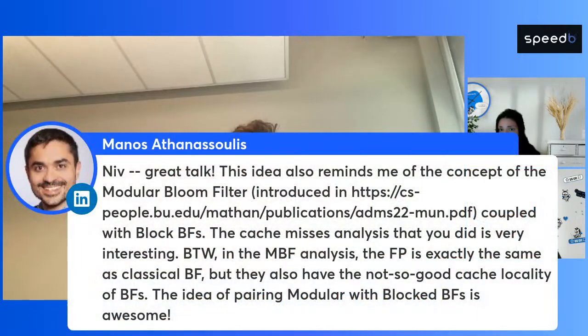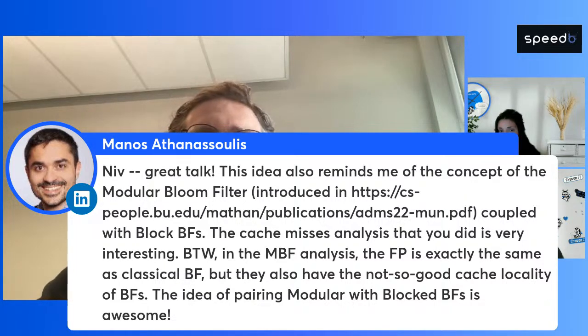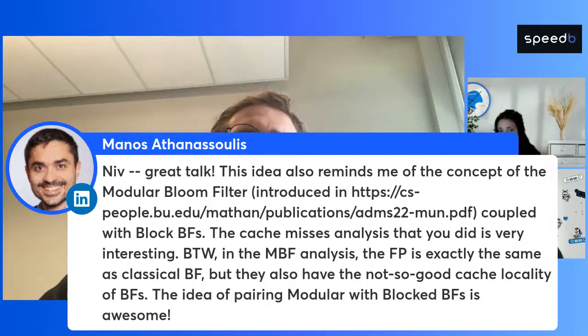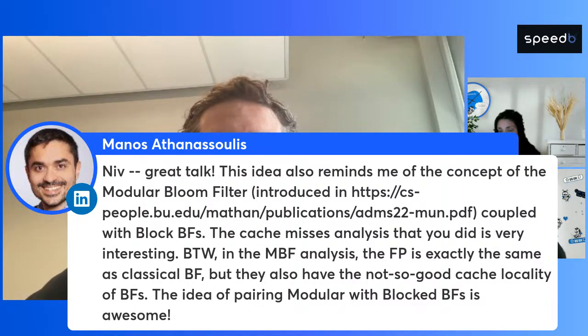We have another question: this idea also reminds me of the concept of the modular Bloom filter, coupled with the bulk Bloom filters. The cache misses analysis that you did is very interesting, by the way. The idea of pairing modular with block Bloom filters is awesome.